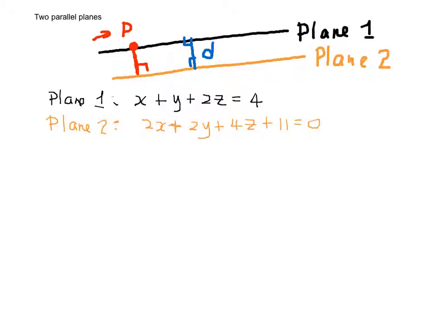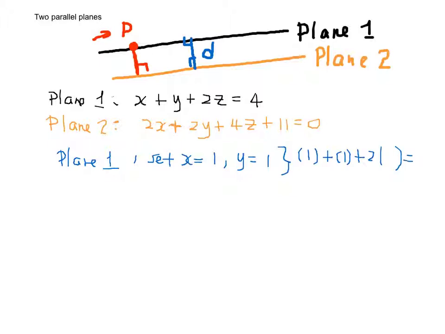Now the idea is very simple. We set up possible values of x, y, and z which sum up to 4. So for plane 1, I set by choice x equals 1, y equals 1. If I substitute these two values into the equation of plane 1, we get 1 plus 1 plus 2 times something equal to 4.